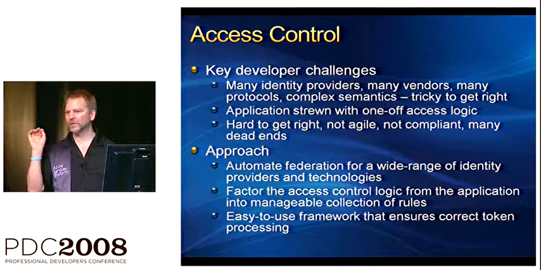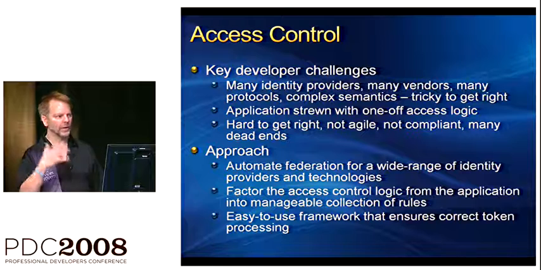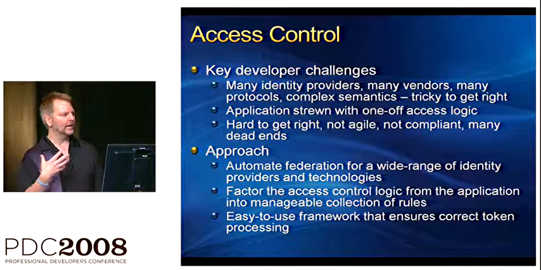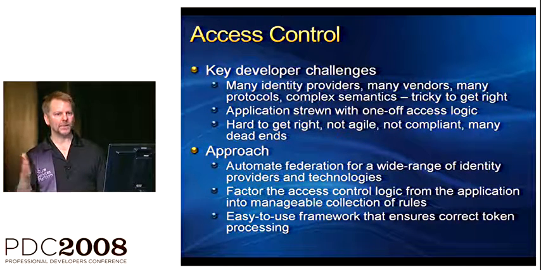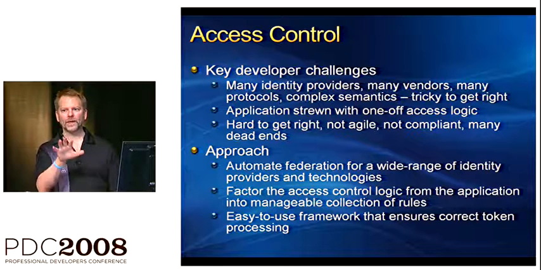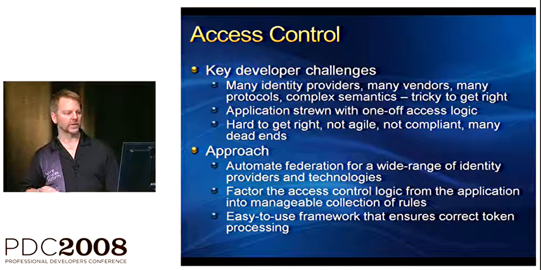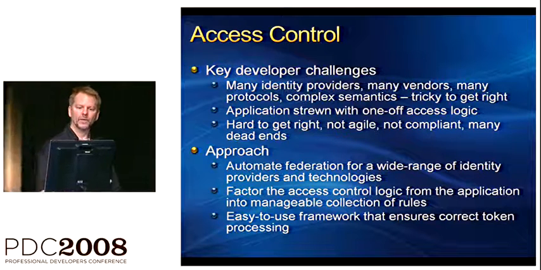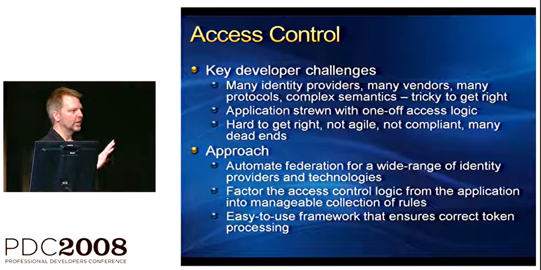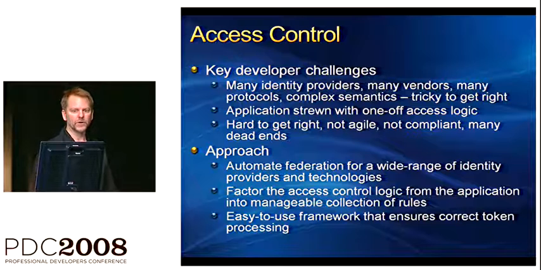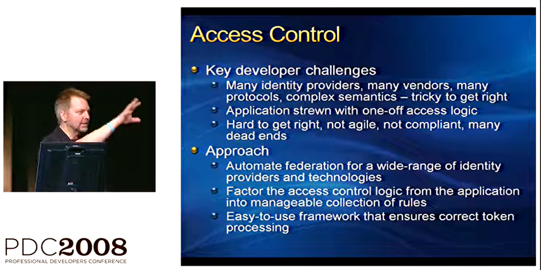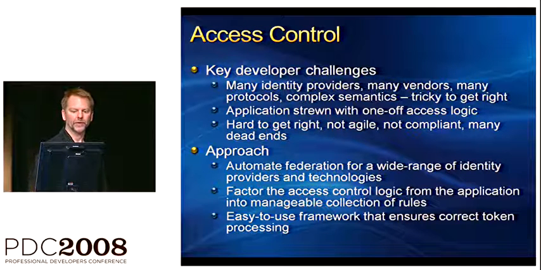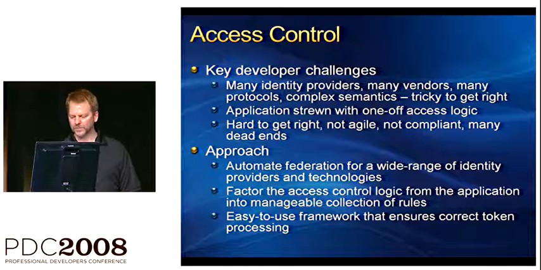It means that you're going to be able to be compliant with Starbucks or whatever it happens to be, and it avoids a lot of the dead ends that people typically find when they go hand write much of the security and access control logic. So our approach was to automate federation with a wide range of providers that are out there and do that testing. We then factored the access control logic up into a rule system, and then we provide a very easy-to-use development framework to make this possible.